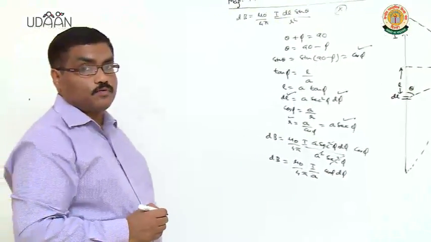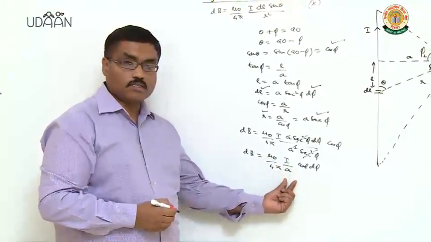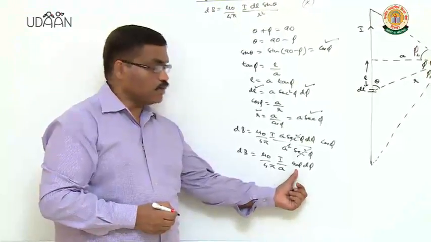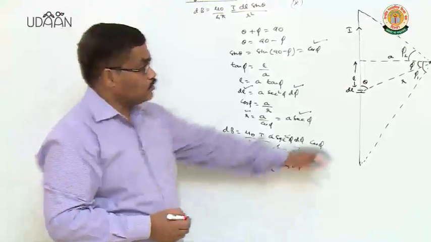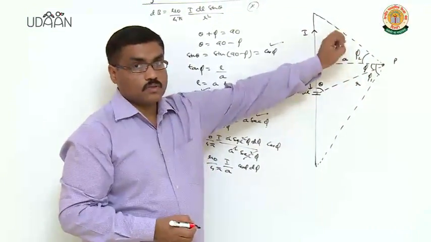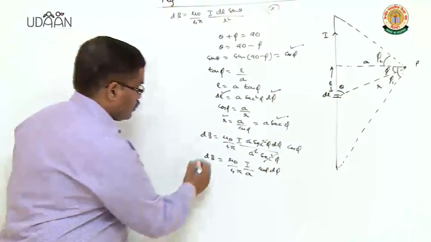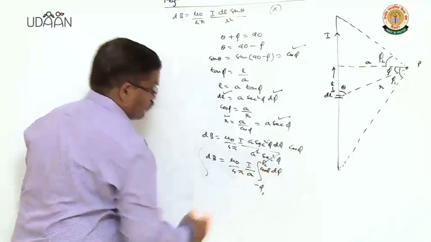Now if you look carefully at the expression, mu naught upon 4 pi I is a constant, A is a perpendicular distance, that is also a constant. Your only single variable is phi. Now if you look at the figure, phi varies from minus phi 1 to plus phi 2. So if I integrate, I'll put the limit as minus phi 1 to plus phi 2.